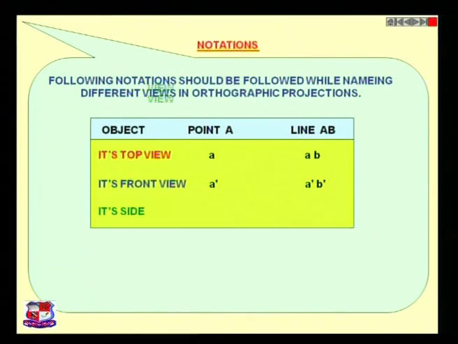Now what if it is a side view? It would be A double dash if it is a point, and it would be A double dash B double dash if it is a line. So these things must be clear. If it is a top view, only small letters. If it is front view, a dash would be added.